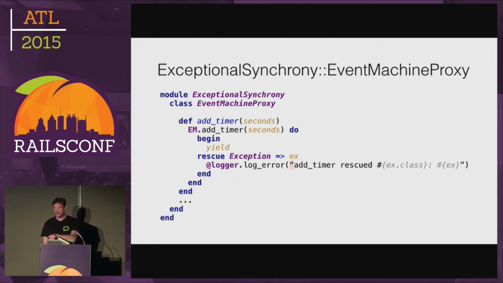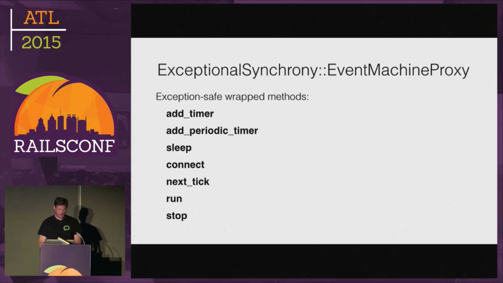You might notice that this is actually rescuing Exception, which you ordinarily wouldn't do because that is the lowest level exception. It will even rescue a script error if you have a typo. But when you have an always running API server, that's actually exactly what you want. So EventMachine proxy wraps all these methods, basically all the top level methods from EventMachine.